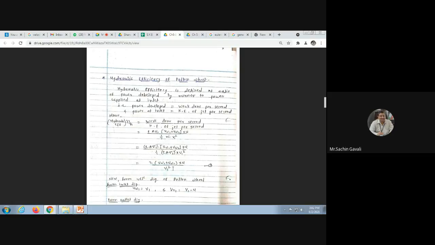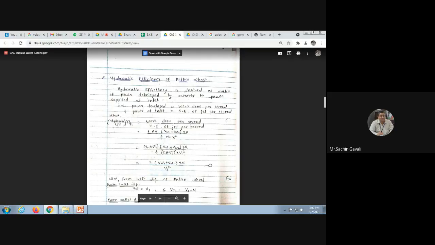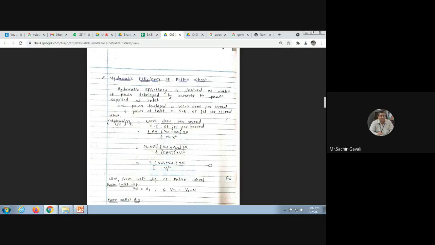So it will become 2 into VW1 plus VW2 into u divided by V1 squared. With the help of this formula, anybody can calculate the hydraulic efficiency of Pelton turbine.